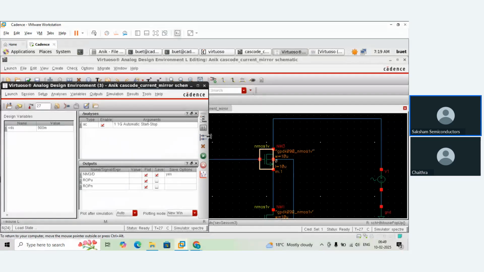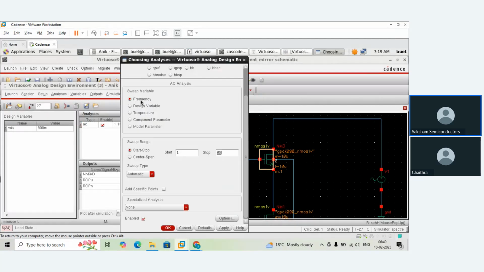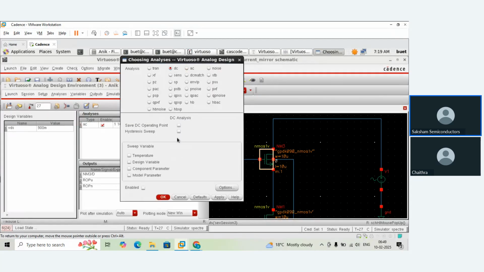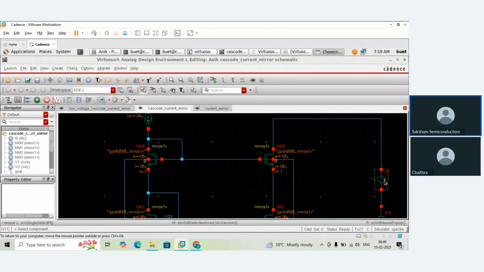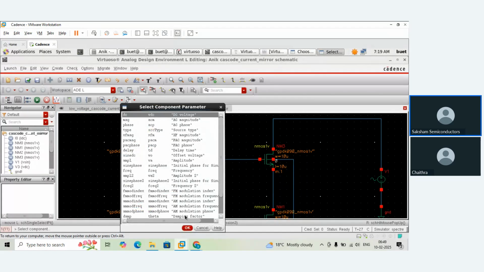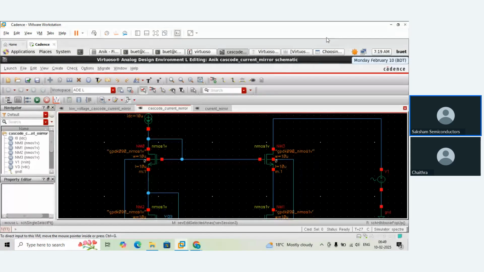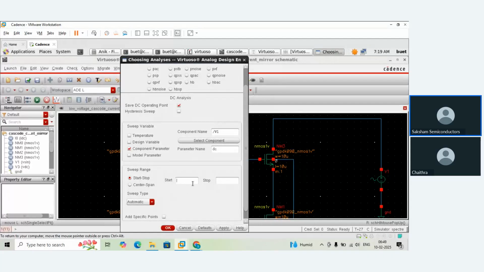Before that, let's do the DC analysis once to figure out whether 10 microampere is getting populated here or not. Go to the DC analysis, select component, vary parameter, and select this voltage, EDC, from 0 to 1.8.